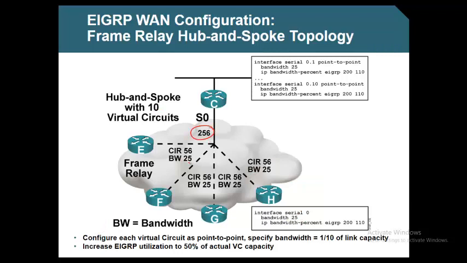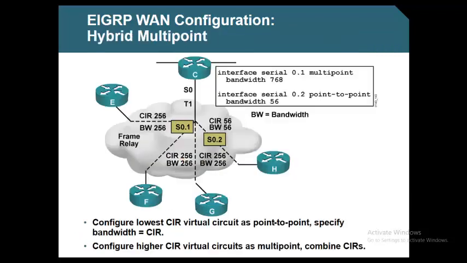Now if this guy has got 56, then you can say I got 56. But in this multi-point sub-interface, if each guy has got 256, how many multi-points you have? 3 multi-points. So you have to say 768 in here. You need to add all the 3.